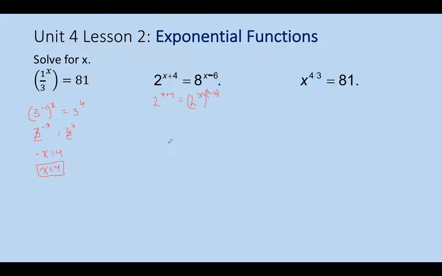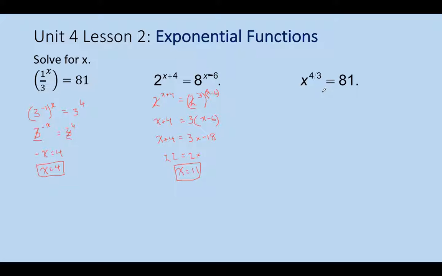And so what I'm going to do here, again, I have an exponent to an exponent, so I can do the same trick where I cancel out the bases, and I have x plus 4 is equal to 3 times x minus 6. And of course, this winds up being a pretty easy equation to solve. I do the distributive property, and I'll add the 18 to both sides, and then over here I've got 2x, divide both sides by 2, and x equals 11.